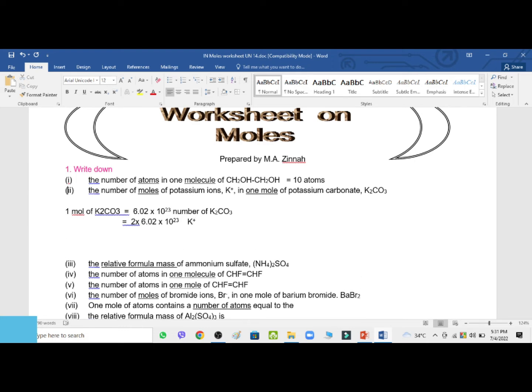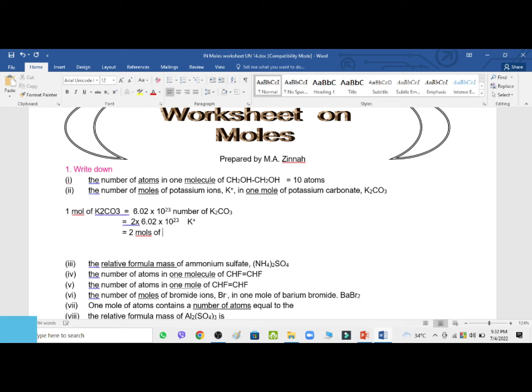But is the question about how many potassium ions we have calculated? No. The question says how many moles. Look carefully. This number of ions is a double of the Avogadro number, meaning 2 moles.